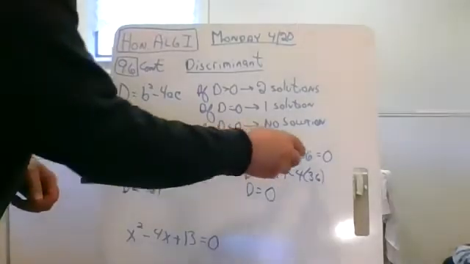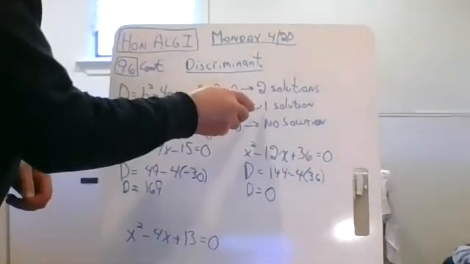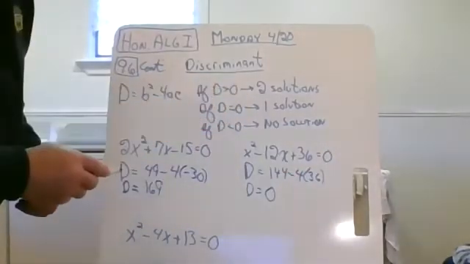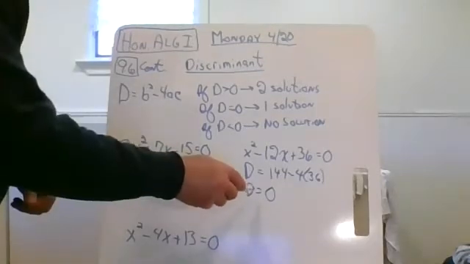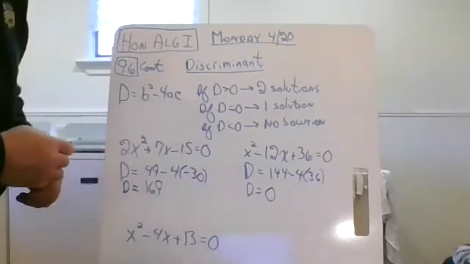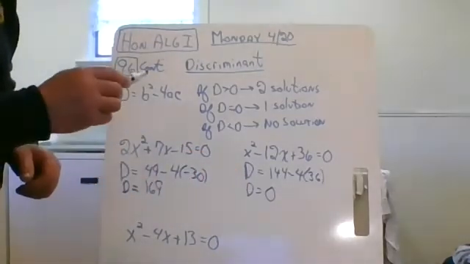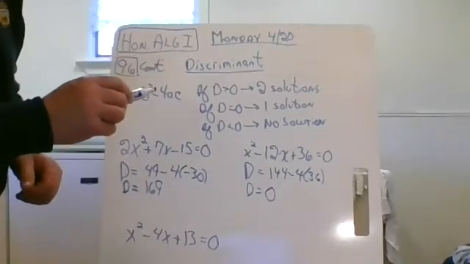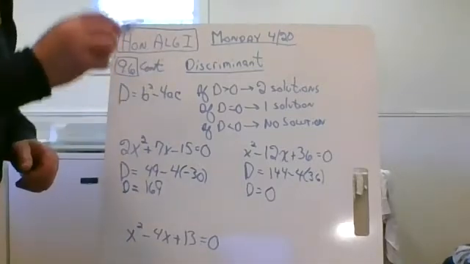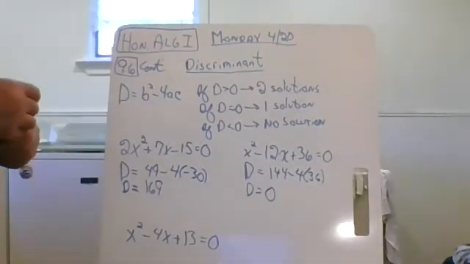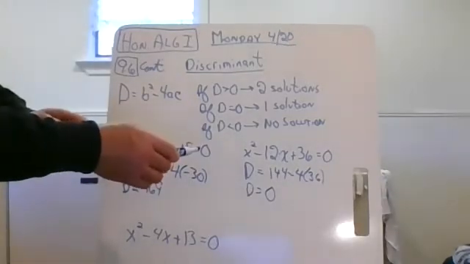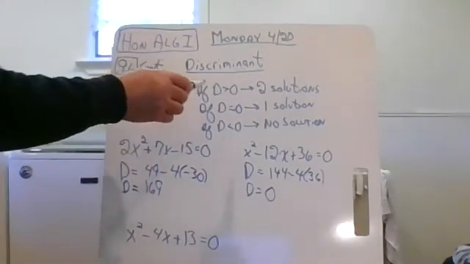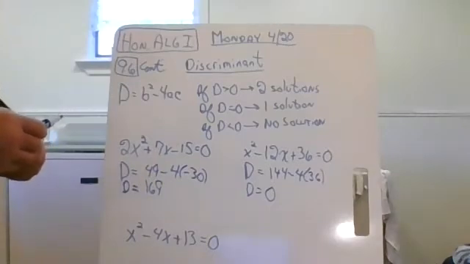So this equation has 1 solution. It has only 1 solution. The discriminant was 0, so you just get the negative b over 2a, because you got the plus or minus 0. So that's all you're doing. Compute the discriminant and then say how many solutions you have.